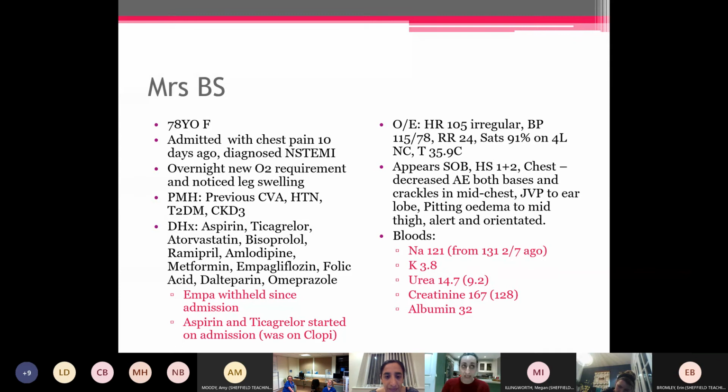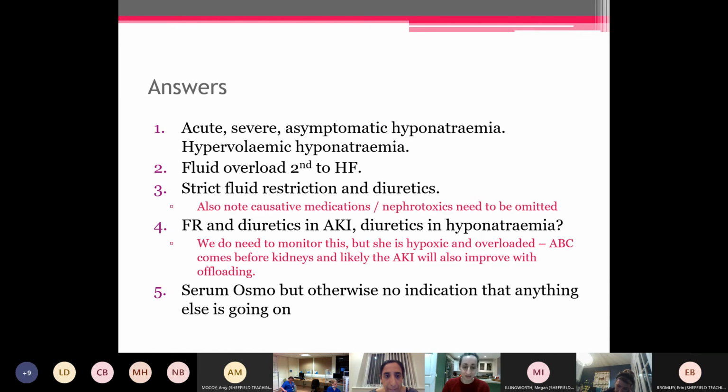A urine osmolarity and sodium would be helpful, but it'll all be messed with because we'll have started giving this patient frusemide now, so it'll be difficult to interpret. But yes, the answer is serum osmolarity. We don't think anything else is going on. From the history and examination, it seems quite clear what's happening, and we are quite committed to a course of treatment at the moment.